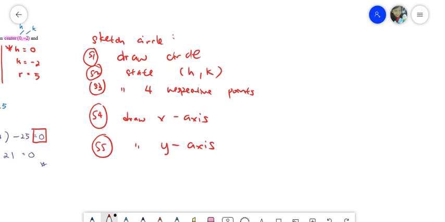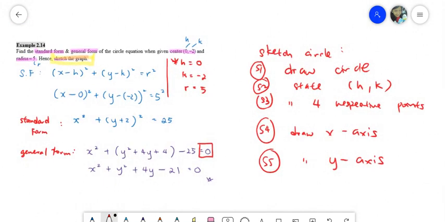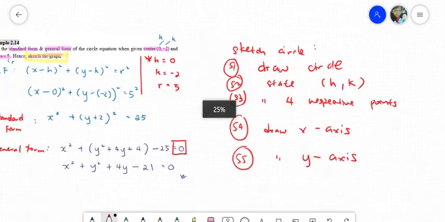The circle, that is my circle shape, it must be round. State the center, get the respective 4 points, draw the x and the y axis as a whole. So that will be the complete set to sketch the circle. Okay, so let us start.